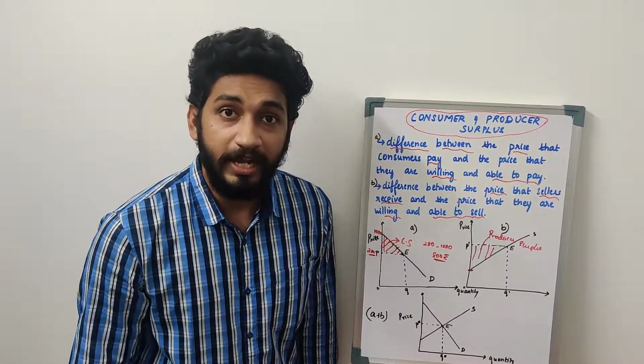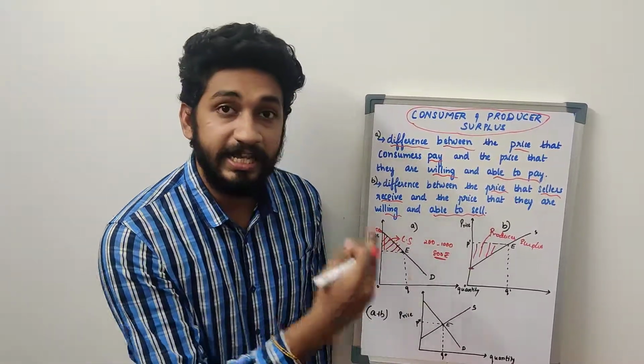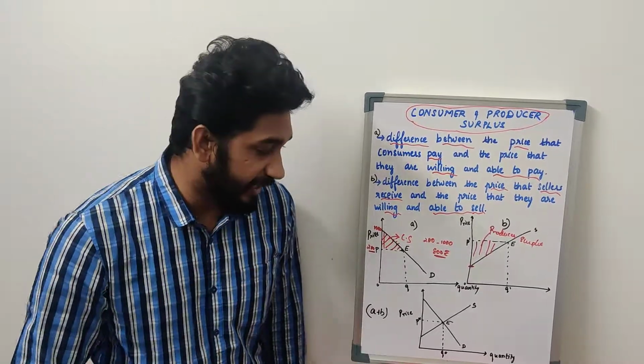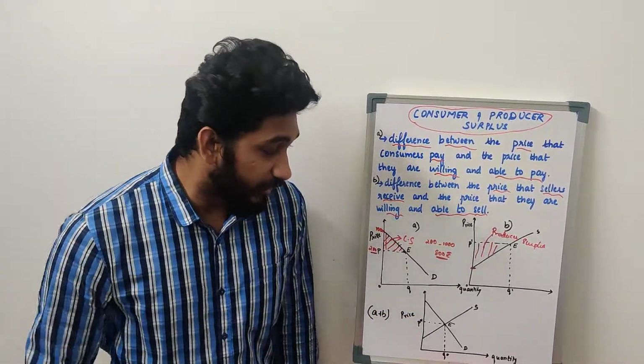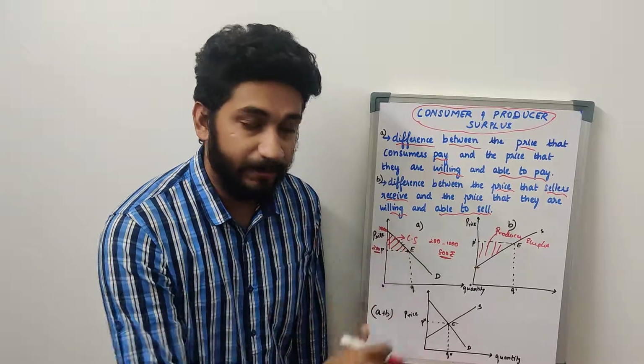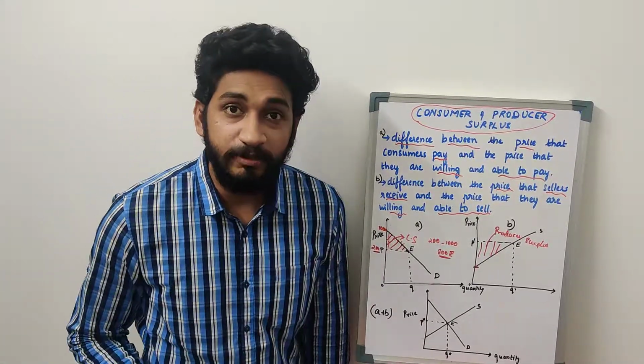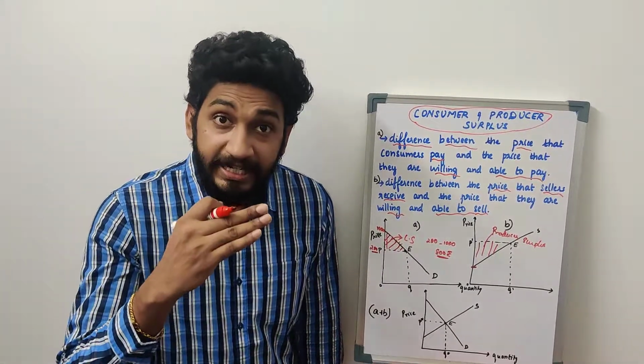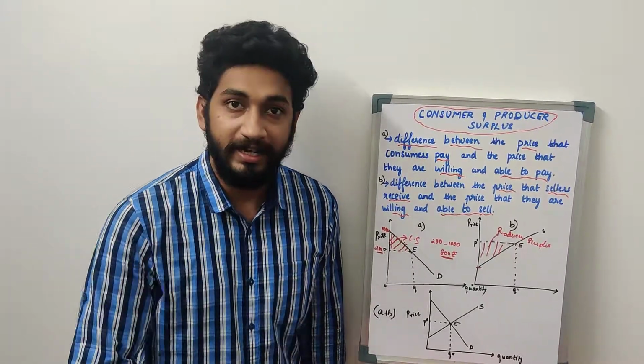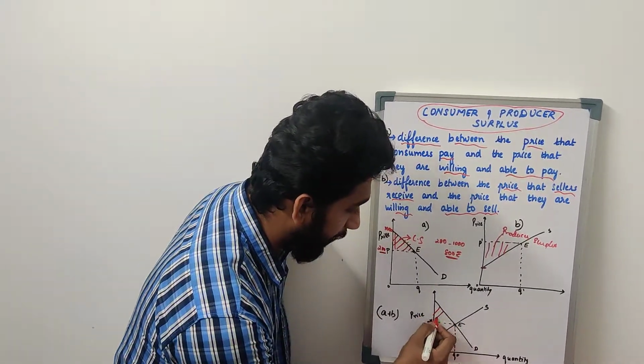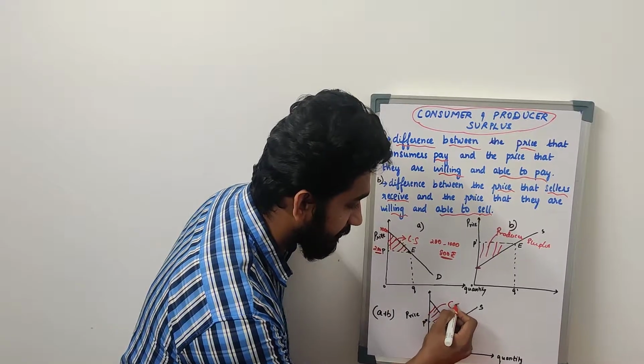Now let us look at producer surplus and consumer surplus in a joint diagram. In this diagram, you can see we have both demand and supply curves together. We know consumer surplus is the area beneath the demand curve and above the market price. So the top part of it becomes your consumer surplus.